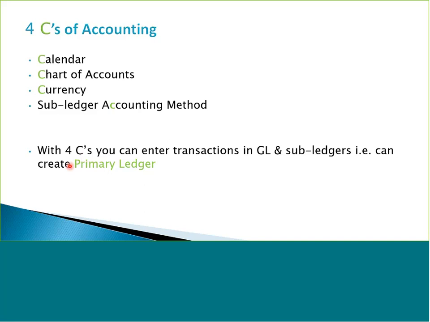You might be managing financial information for different companies. And these companies can have similar features: the currency, the calendar, the chart of accounts, the subledger accounting methods, or they may also be different.